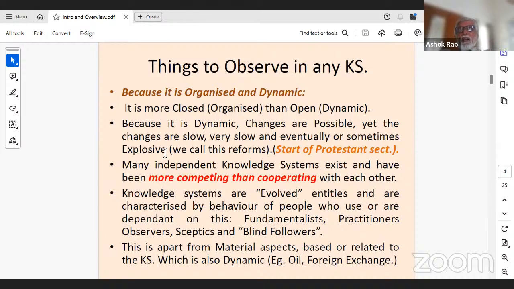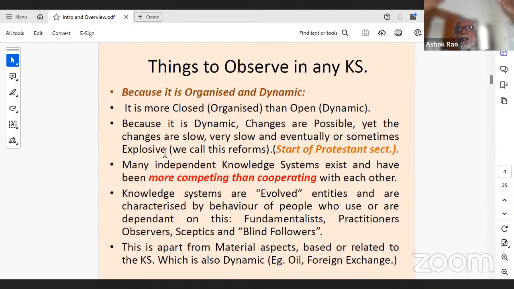For almost 600, 700 years, it was all Catholic. And in the Catholic system, there was so much of questions, changes were not permitted, very rigid, etc. So it accumulated and suddenly exploded as a Protestant sect. Same thing happens in any system. So too much changes cannot be allowed. The system definition goes away.